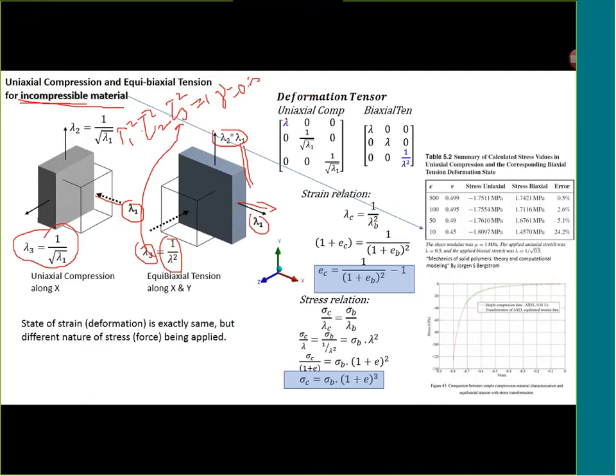This is for uniaxial compression lambda 1. These two are nothing but the deformation in direction 2 and direction 3. For biaxial tension, we can write this relation like this, and this is coming from 3. Now we can see the principal stretch, this and this can be equated for both cases like this. From this, we know that the stretch is nothing but 1 plus the strain.